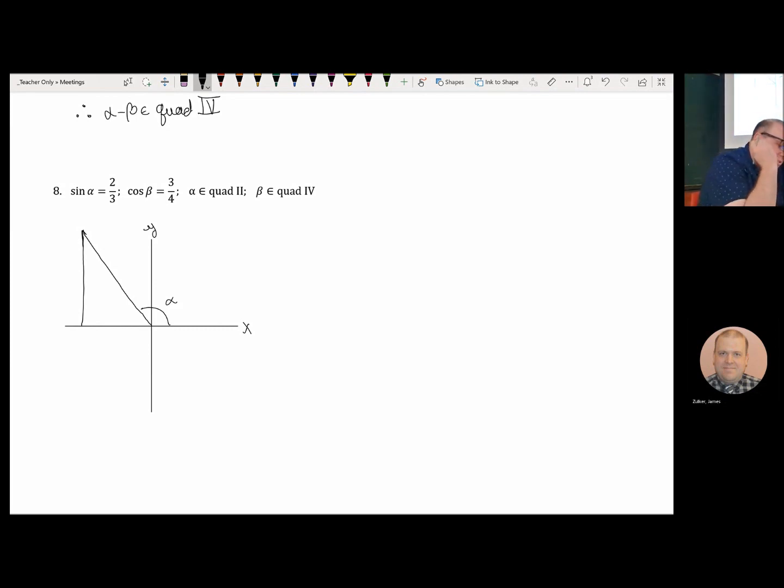So for that graph, what do we know? What do we know about this graph?